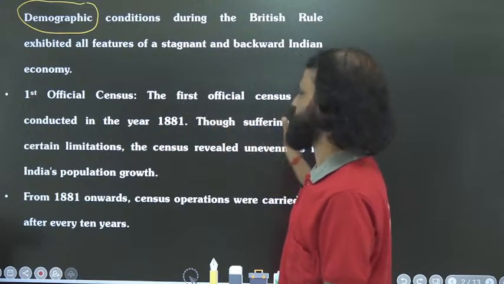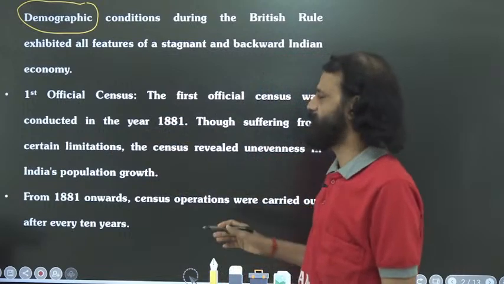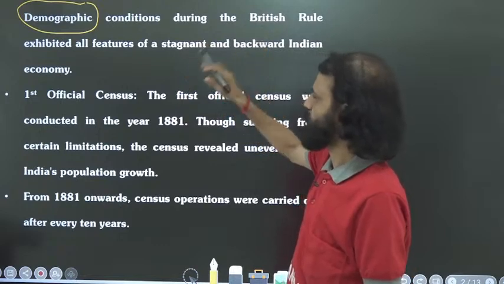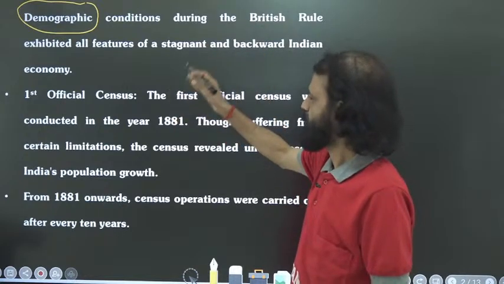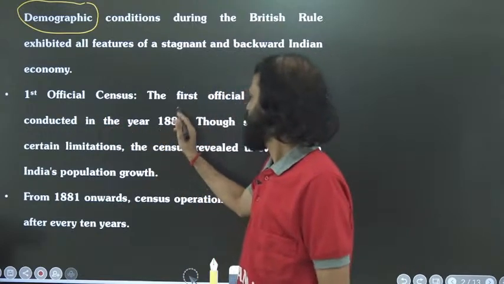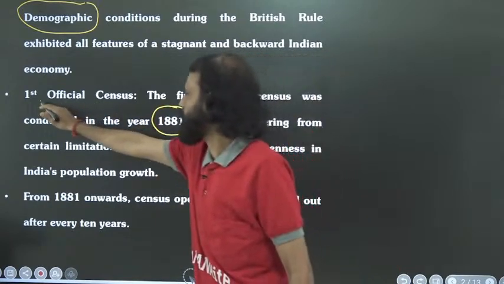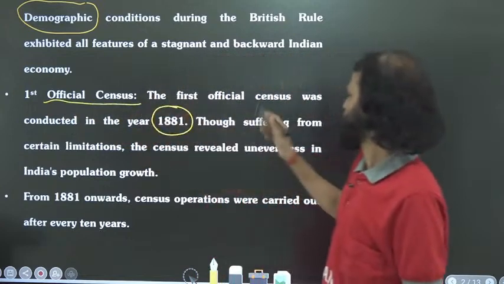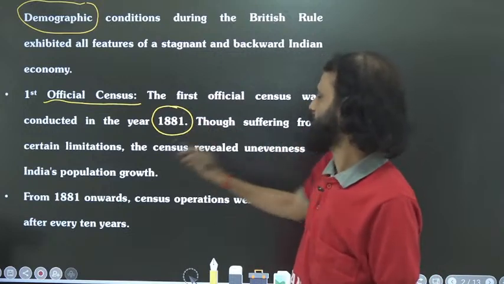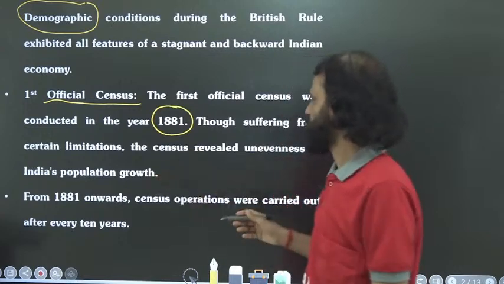The first official census was conducted in the year 1881, around 150 years ago. Though suffering from certain limitations, the census revealed unevenness in India's population growth.